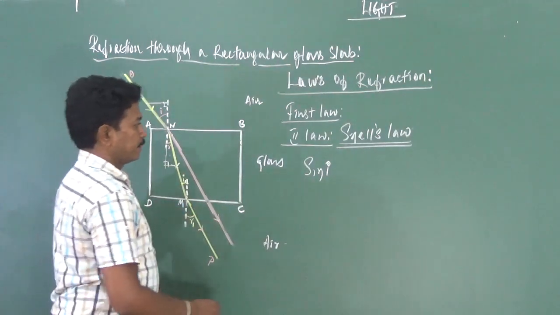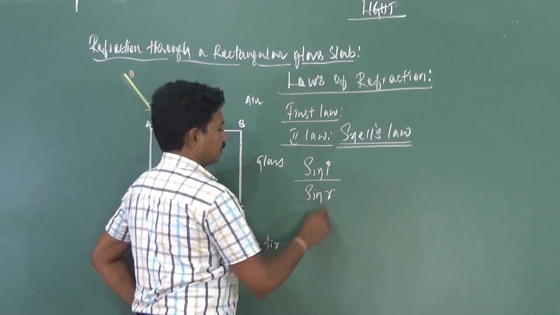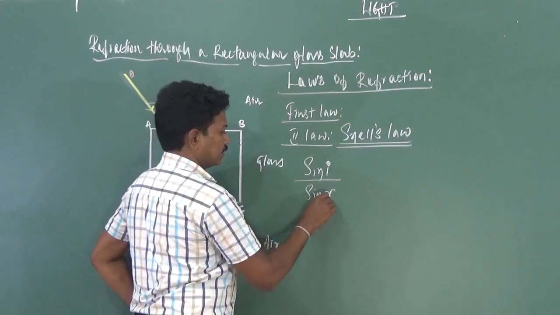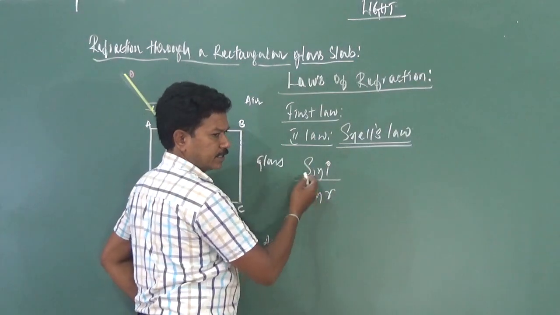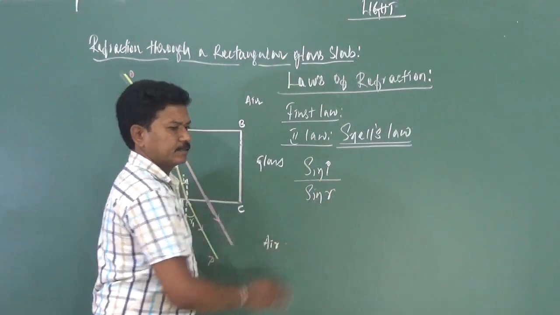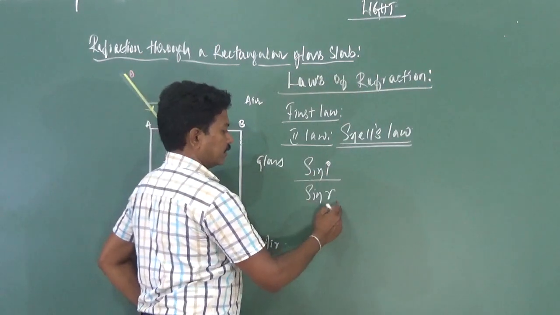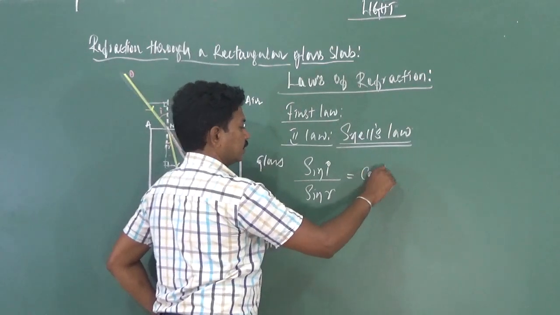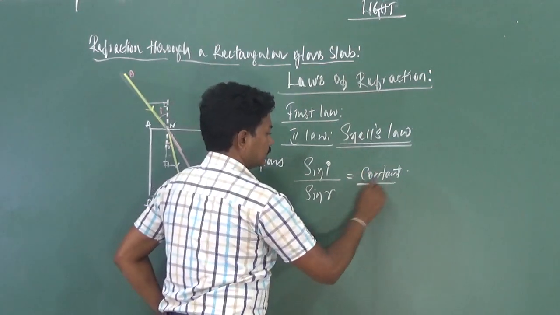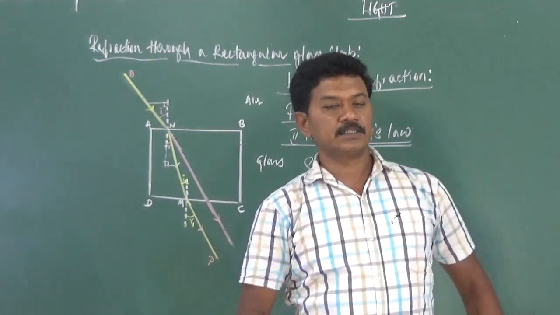This is symbolically or mathematically written as sin I by sin R, that is sine of angle of incidence and sine of angle of refraction, that is sine 45 degrees, sine 30 degrees, sine 25 degrees, something like that. When you take the ratio between them, that will be equal to a constant. This is the second law of refraction, called Snell's law.